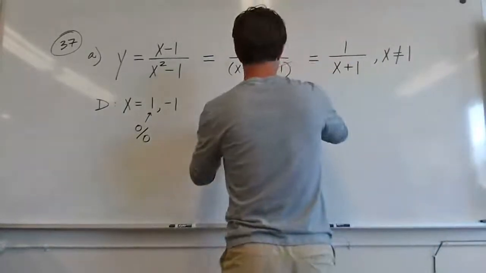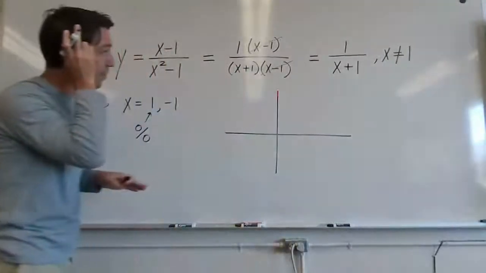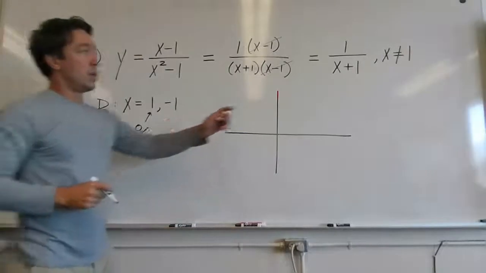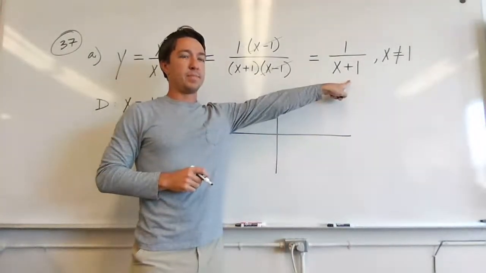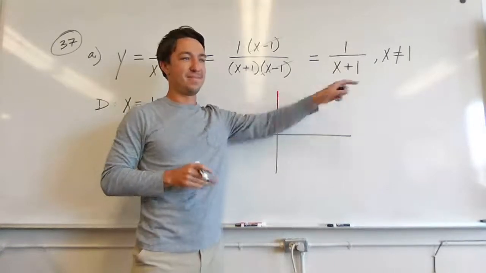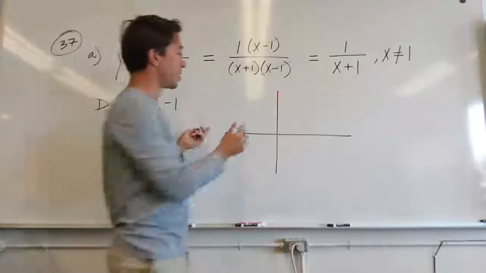So now we graph. Hopefully we all know what that looks like by this point. This graph is the 1 over x function shifted left 1 unit.